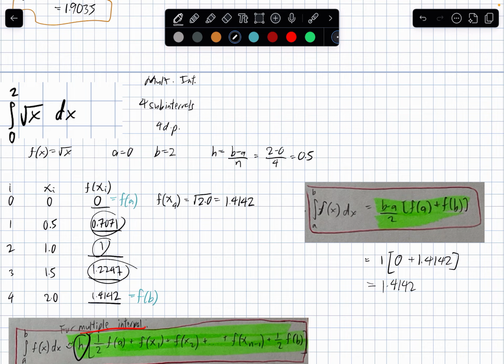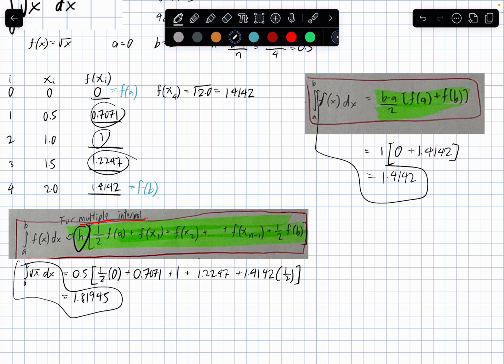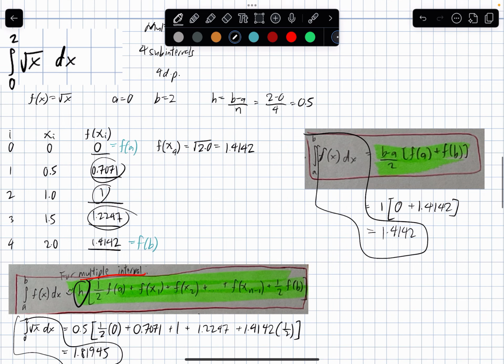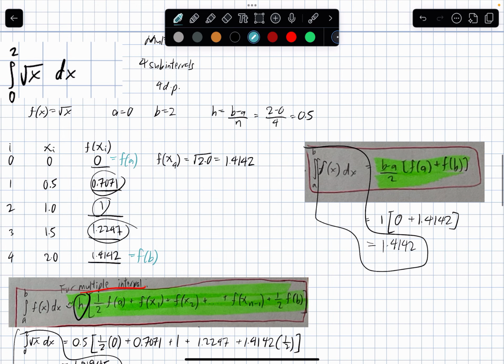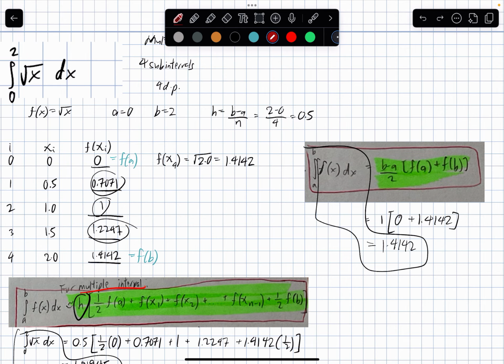So that's the final answer. Ganun lang. It's very easy. So from in that sense, we basically disregarded all of these. Ito lang at ito lang ang nasa single interval. Okay?